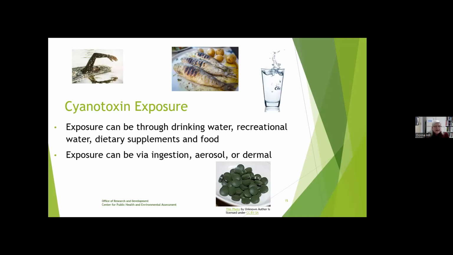So exposure can occur through drinking water, recreational water, dietary supplements, and food. And with food, it's not just the creatures that live in the water that may be contaminated, but also if contaminated water is used for irrigation of crops, it has been shown that the cyanotoxin can be taken up by the vegetable.